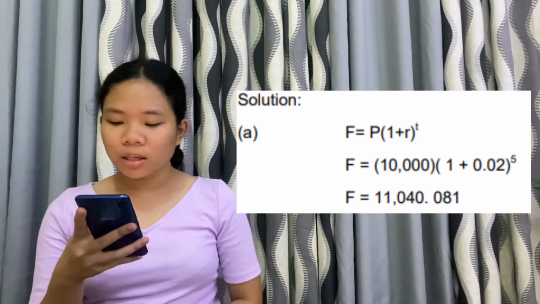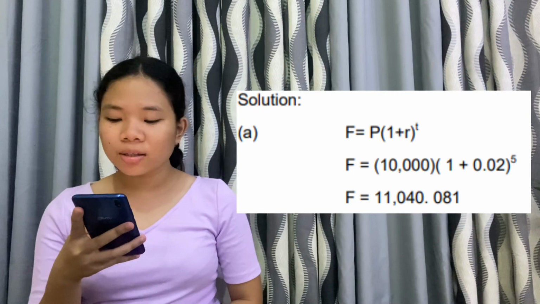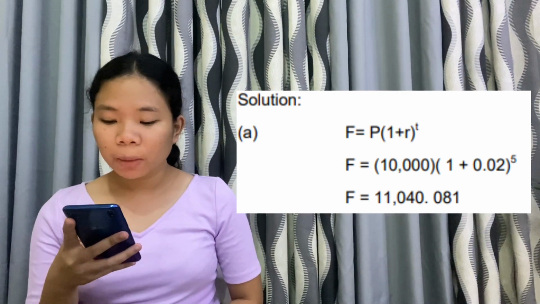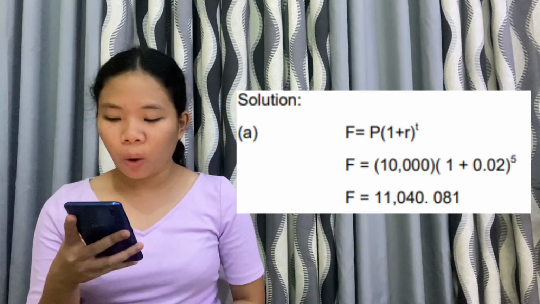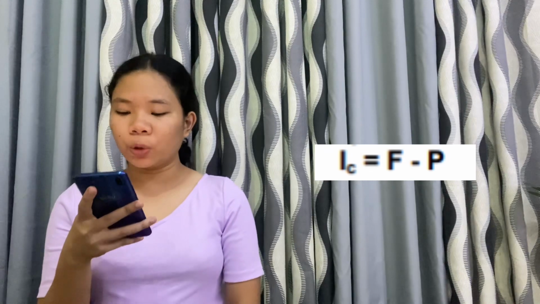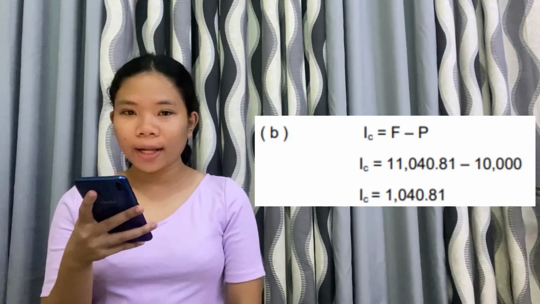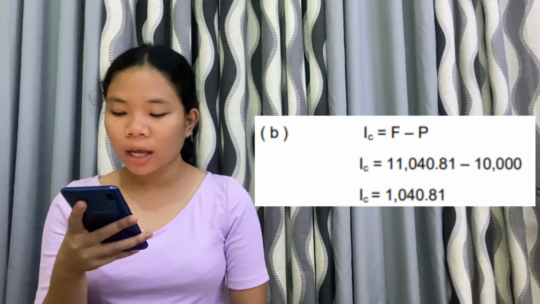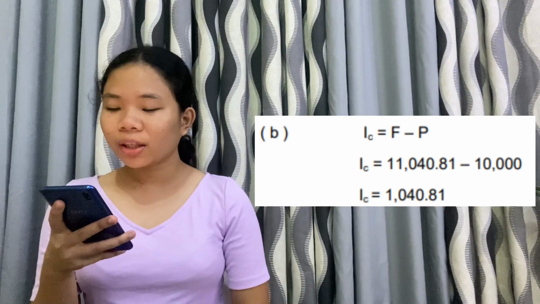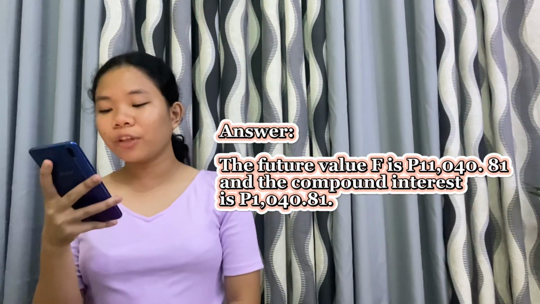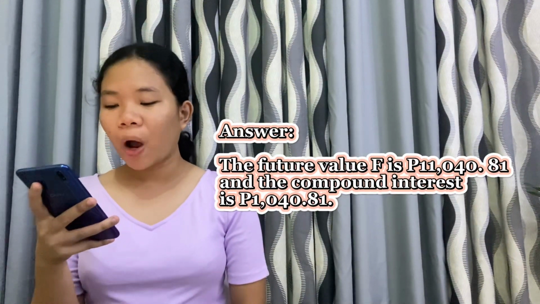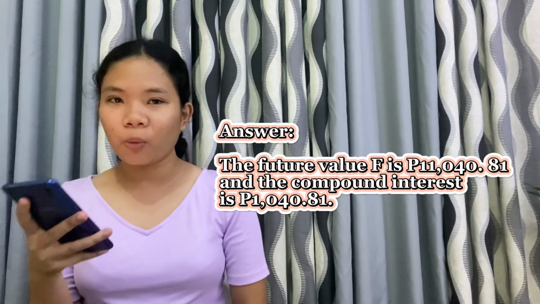So the answer is future value equals 11,040.81. To find the compound interest, the formula is future value minus present value. The future value is 11,040.81 and the present value is 10,000. The answer is 1,040.81. The future value is 11,040.81 and the compound interest is 1,040.81.